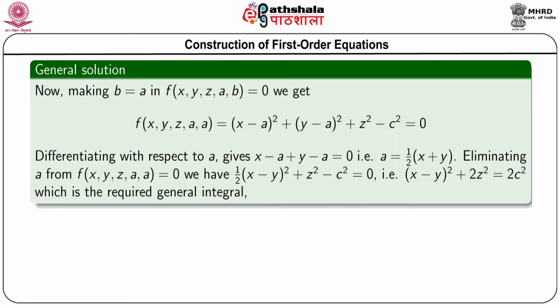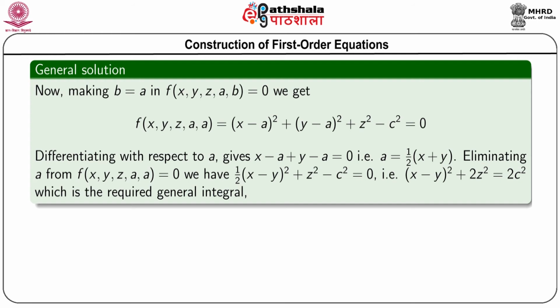Now, we are interested in finding the general solution by making b equal to a. So, the equation becomes (x minus a) whole square plus (y minus a) whole square plus z square minus c square equals 0. Differentiating this with respect to a, we get small a equals half of (x plus y).